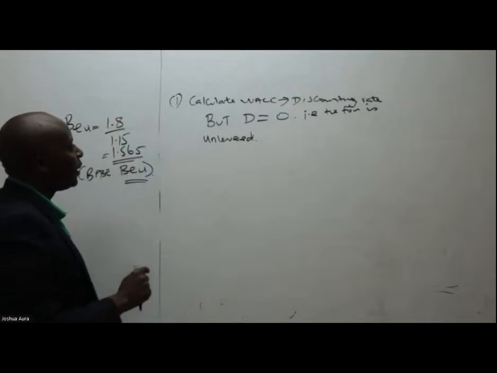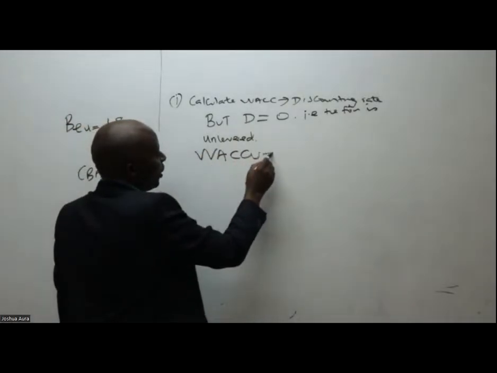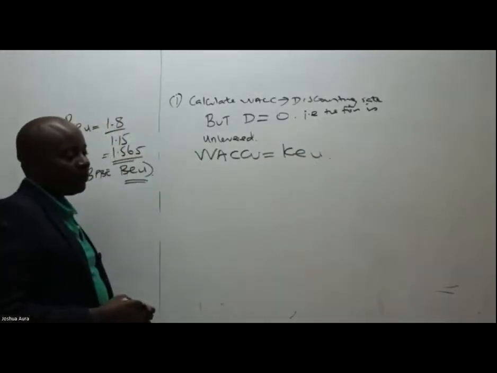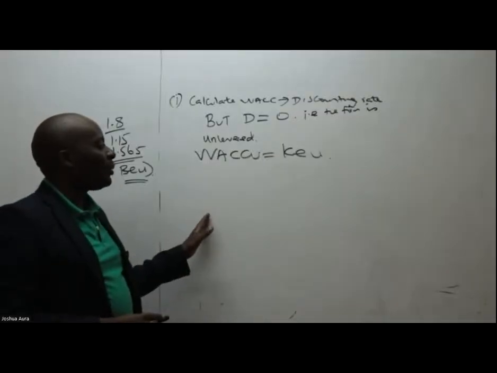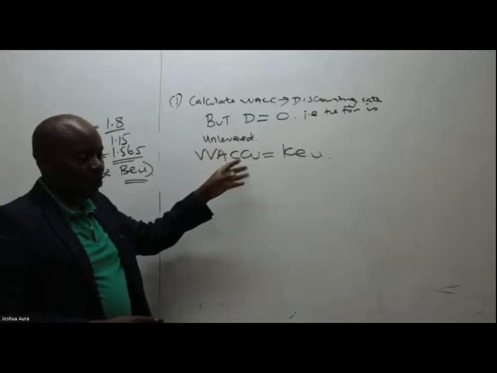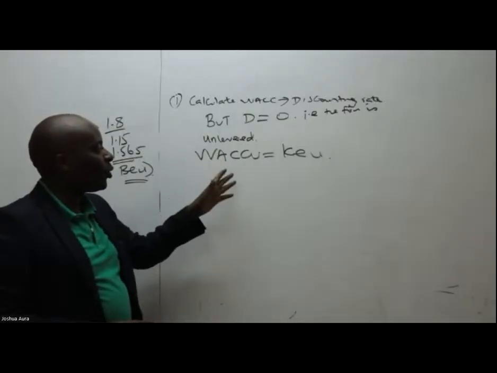So if it's unlevered, remember in this case, ladies and gentlemen, what we used to call WACC_U equals Ke_U. Very, very important. If it's unlevered, then the weighted average cost of capital of an unlevered firm will always be equal to cost of equity of an unlevered firm. Some students sometime back told me WACC_U equals Ke.